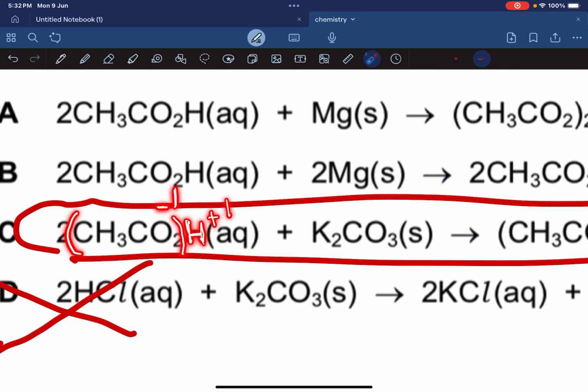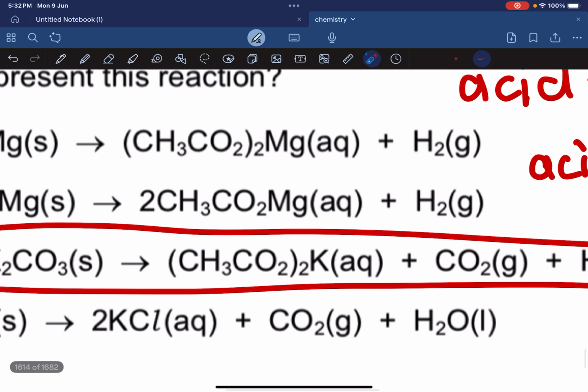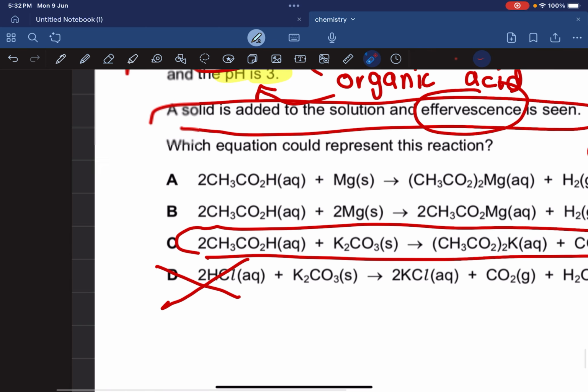Okay, this hydrogen has a +1 and this entire thing, to balance it out, has a -1. And this potassium also has a +1. You know potassium, group 1, has a +1. So with the +1, you need a -1. But over here you have two of these. That means it's a -2. So this is incorrect. The formula written is incorrect. So I can cross out option C as well.